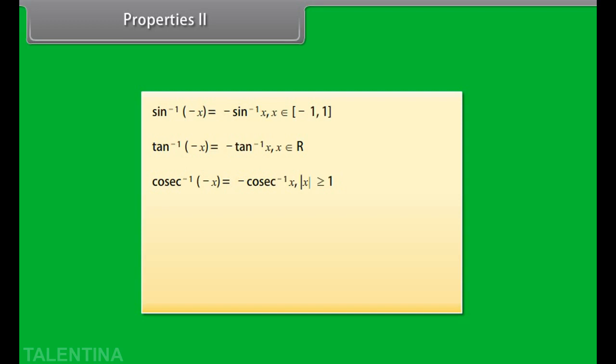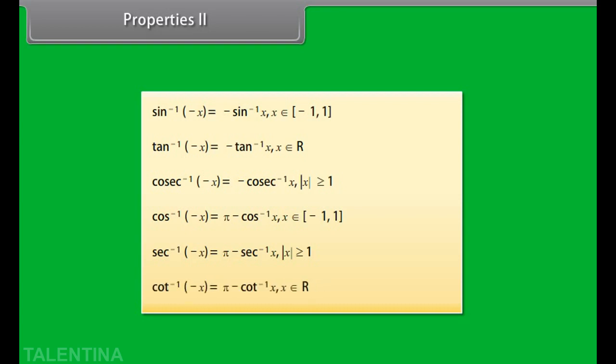Modulus of x is greater than or equal to 1. Cos inverse minus x is equal to pi minus cos inverse x. X belongs to minus 1, 1. Sec inverse minus x is equal to pi minus sec inverse x, modulus of x greater than or equal to 1. Cot inverse minus x is equal to pi minus cot inverse x.